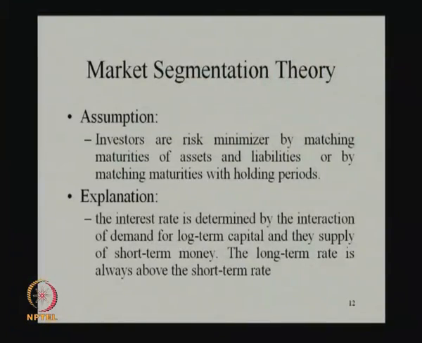If investors want to minimize risk in the market, they involve themselves in short term bonds or short term assets, but if they want to get some high return, they can take a little bit more risk. That is why they invest in long term bonds. So we expect the long term rates to be more than the short term rates.